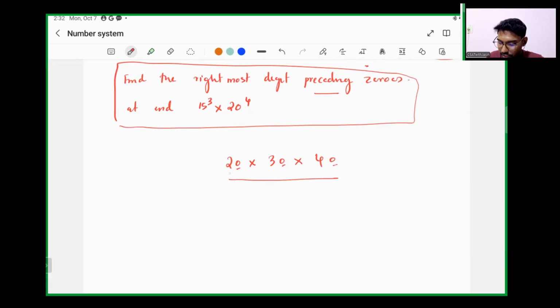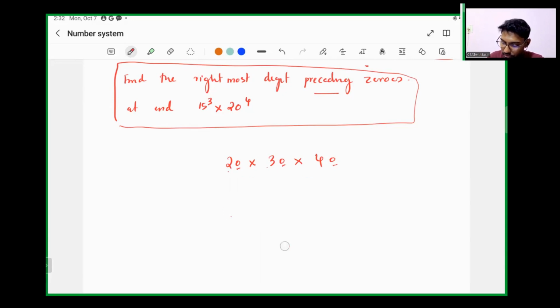So 20 into 30, how much will come? 2 into 3 is 6, then 2 zeros are coming, then into 40. Now 6 into 4 is 24. Then you have 3 zeros at the end. So here 3 zeros are coming at the end, and here the rightmost digit preceding the zeros is 4.